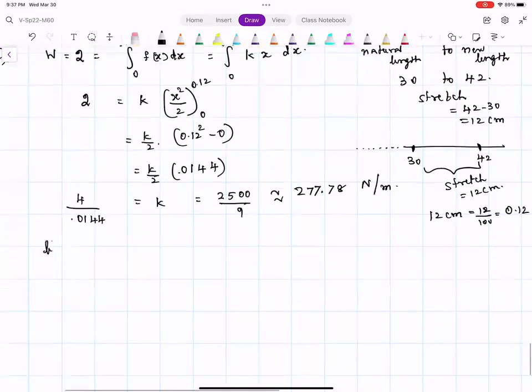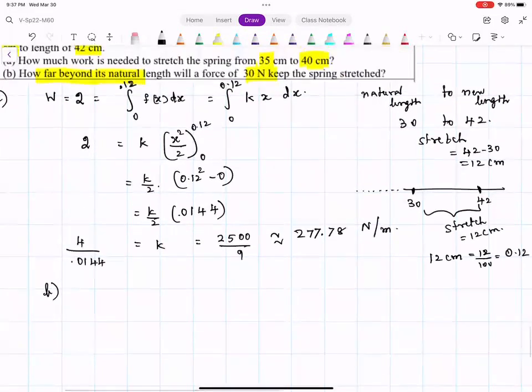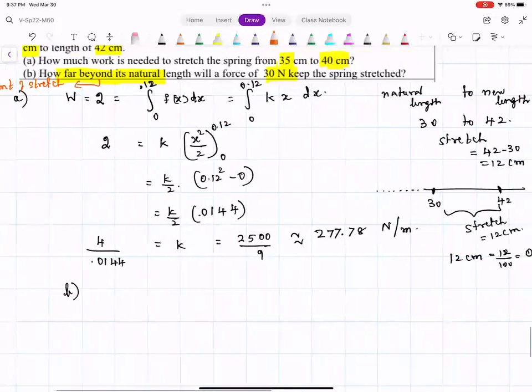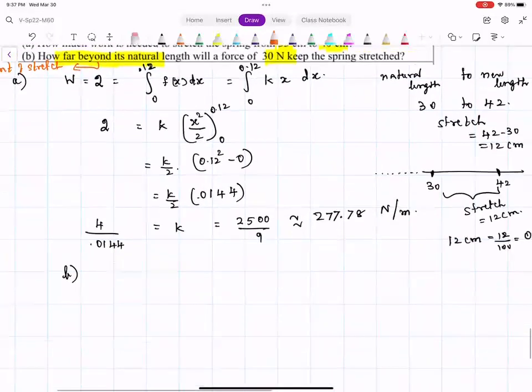So for part B, it's asking how far beyond its natural length. The question is asking for the amount of stretch, right? Will a force of 30 Newtons keep the spring stretched?